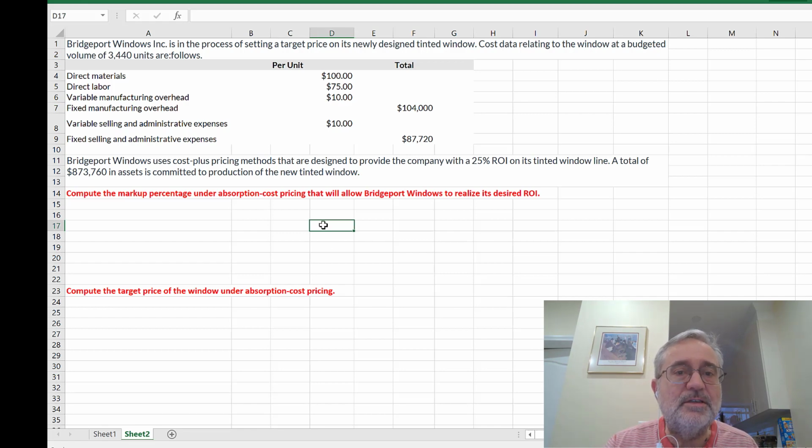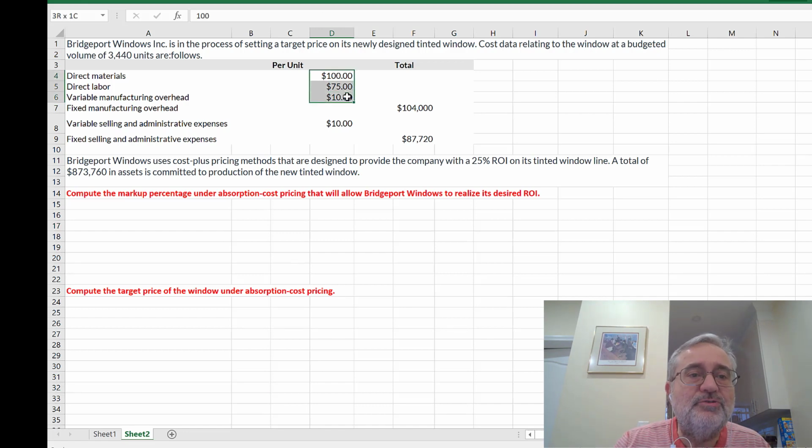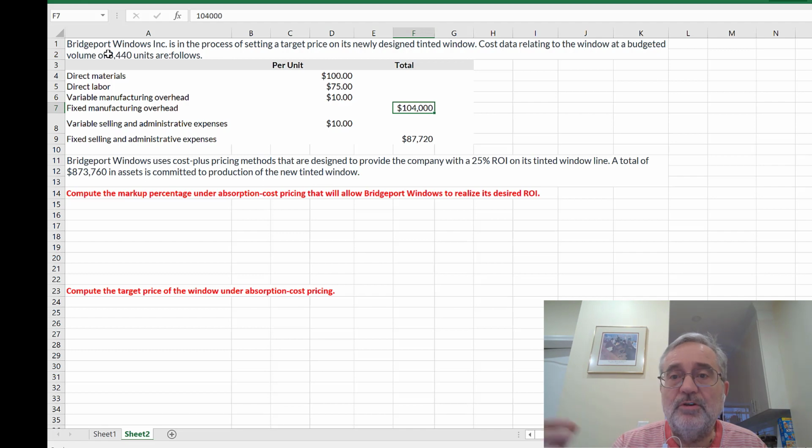To get to this, we want to sum the variable manufacturing cost, including direct materials, direct labor, variable manufacturing overhead, and then add to this on a per unit basis the fixed manufacturing. You notice that part of our budgeted manufacturing is 3,440 units. So let's do this calculation.